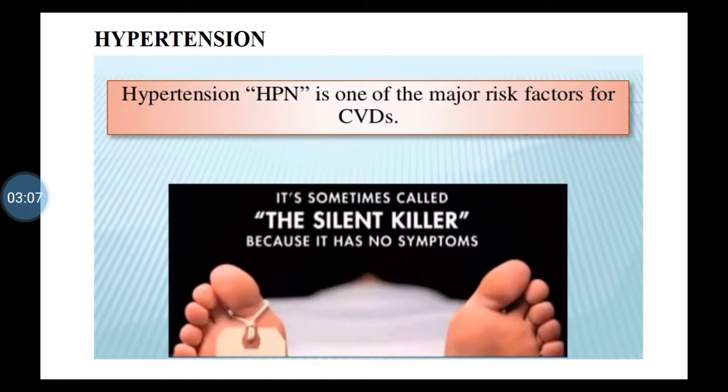The systolic is actually 120, but due to the sedentary lifestyle, 140 is acceptable systolic blood pressure, whereas diastolic must be 80 or at the most 90. So this 140 by 90 is considered normal, but if it is more than that, then we can say that the blood pressure is abnormal, isn't it?